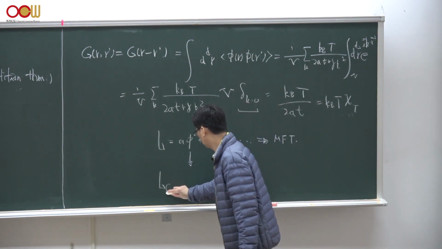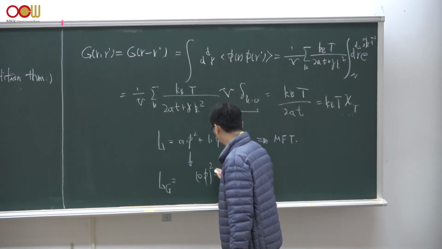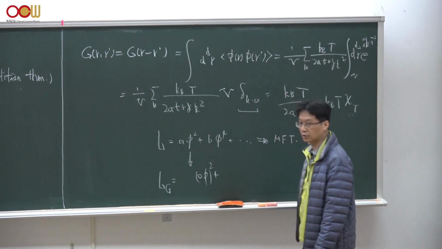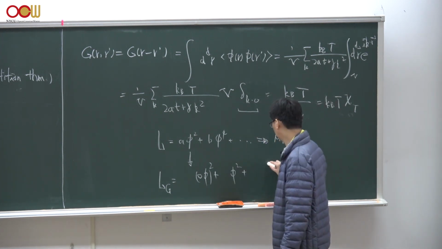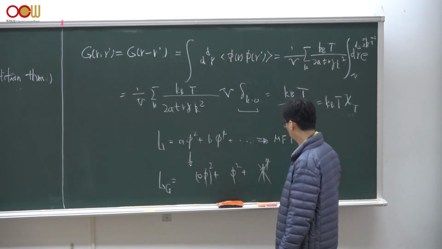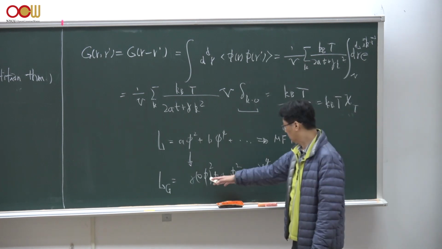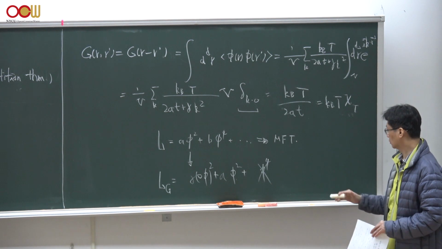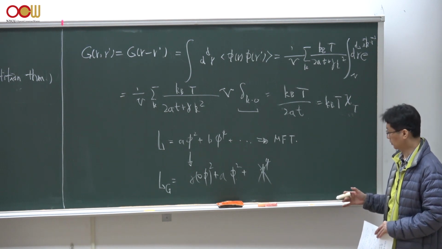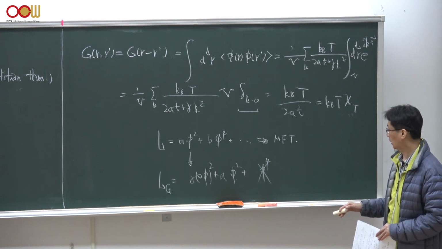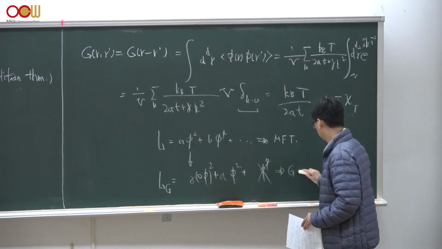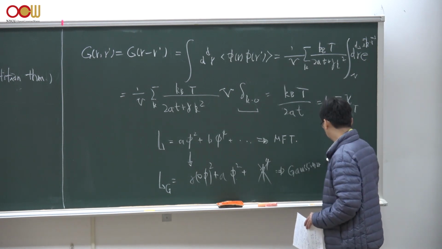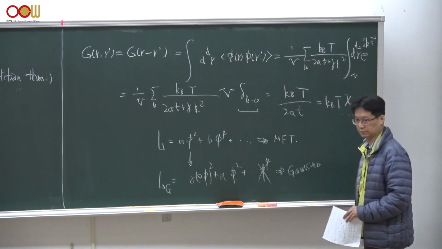But now we include the spatial variations of this phi field, but we neglect this quartic term. By doing so, we include the spatial fluctuations of this mean field order parameter in our calculation, and we arrive at the Gaussian predicted critical exponents.